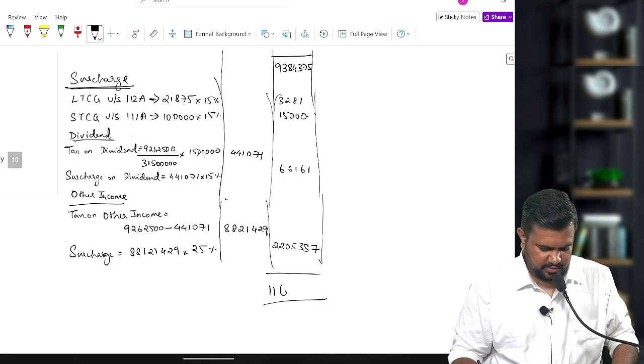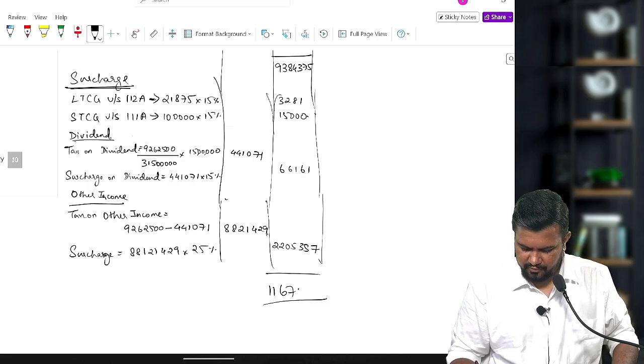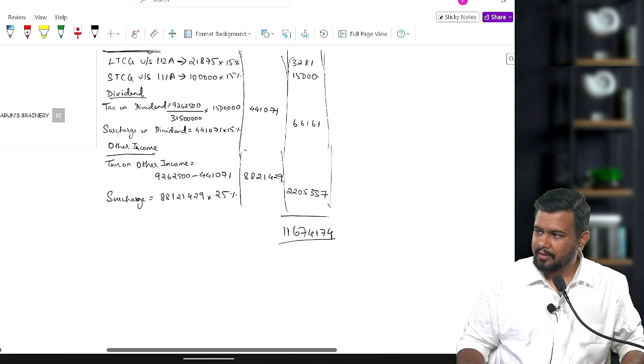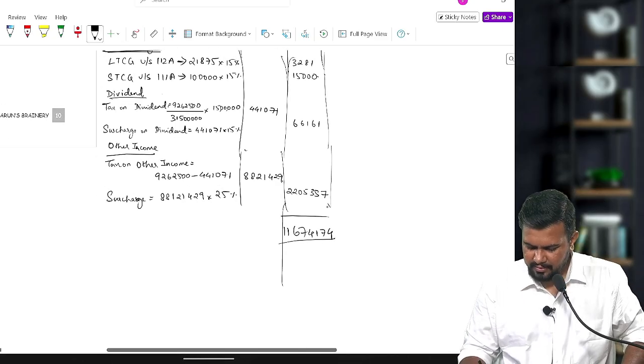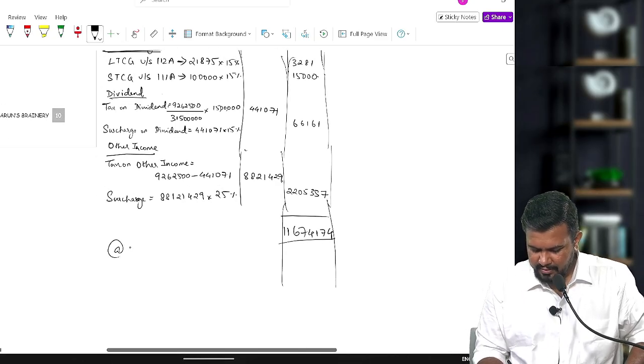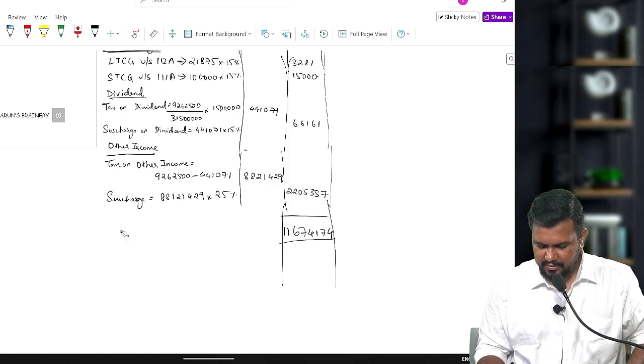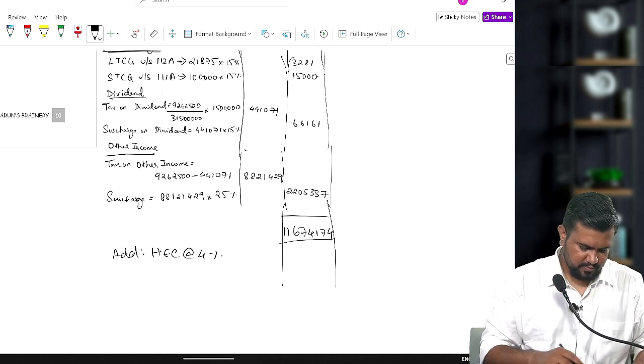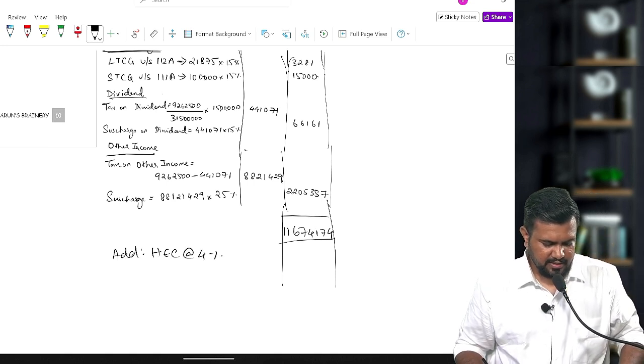The sum is 674,174. Am I correct? Correct. Now you have to add cess. This you should not forget. Add health and education cess at 4 percent: 466,967.